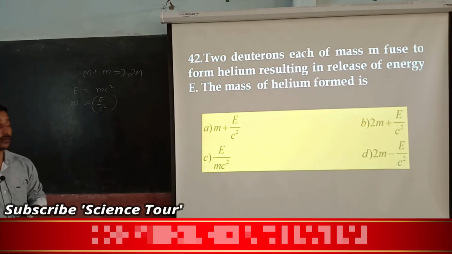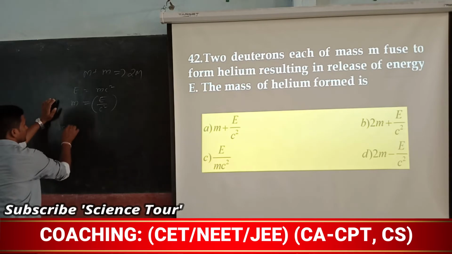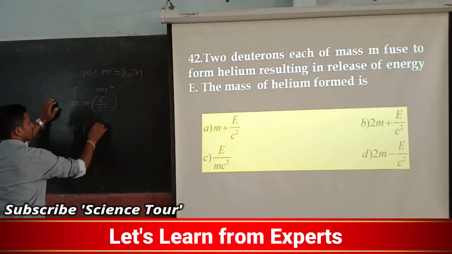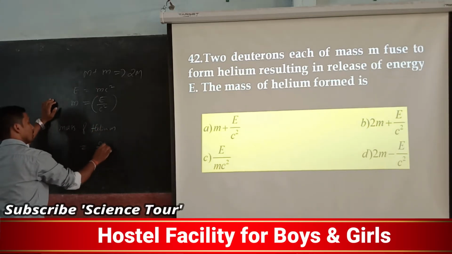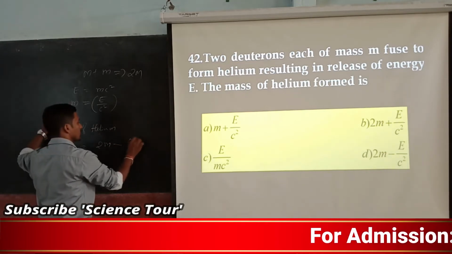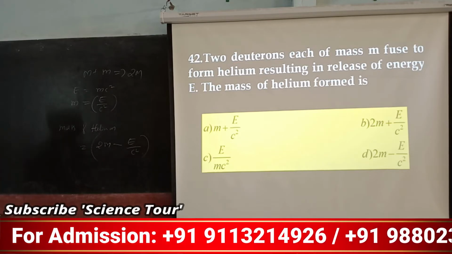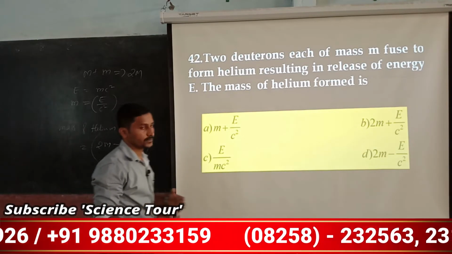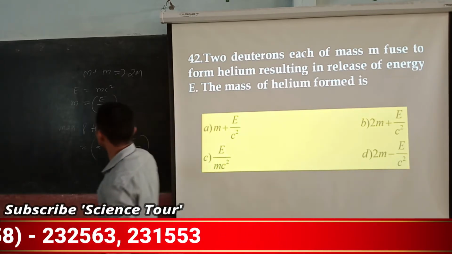So the mass of the helium will be 2m, which must be the total mass, and from that you have to subtract E by c square. That is gone for what? Binding energy, right? m is equal to E by c square.